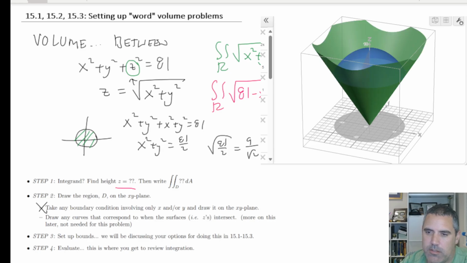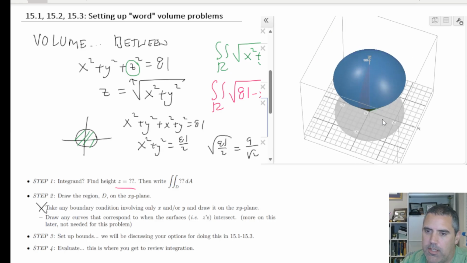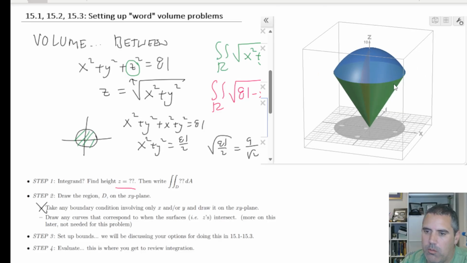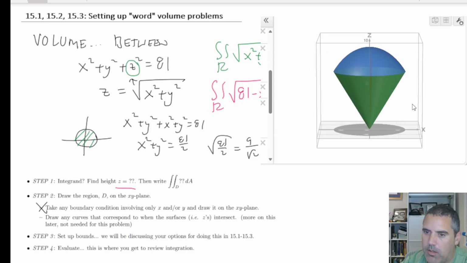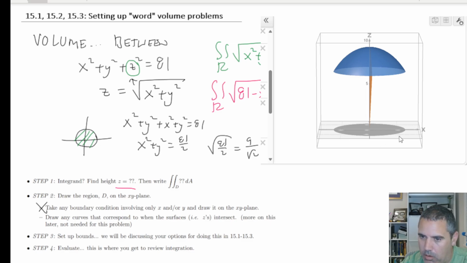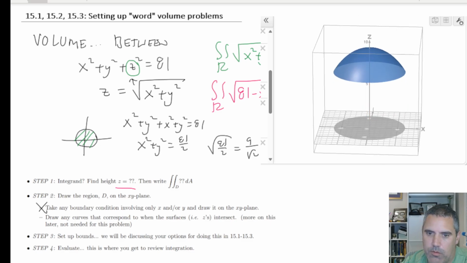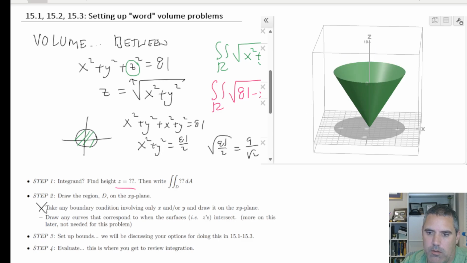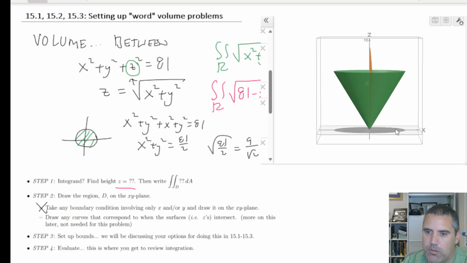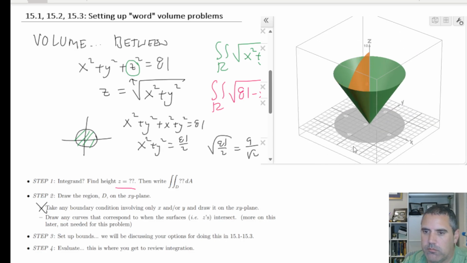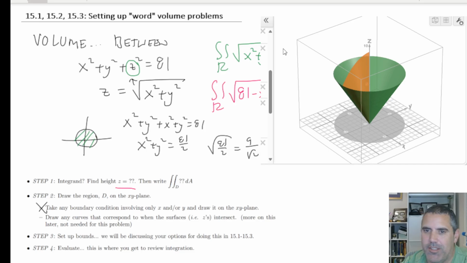They took this, they intersected above this circle. We're going to find the volume from the ground to the cone between them, and then the volume from the ground to the sphere. So we're going to find all of that volume between those two. And then separately, we're going to find all of the volume between those two. And I'll talk about that thing in the middle later.